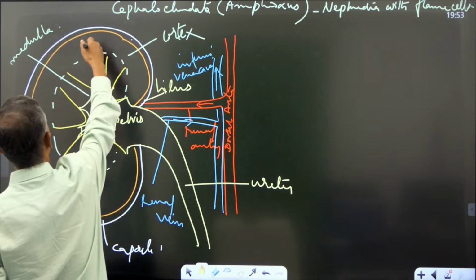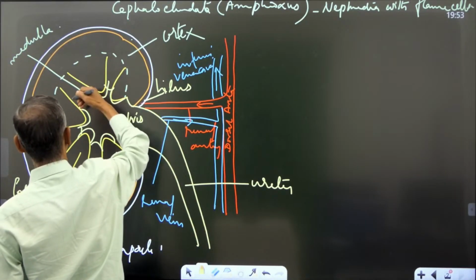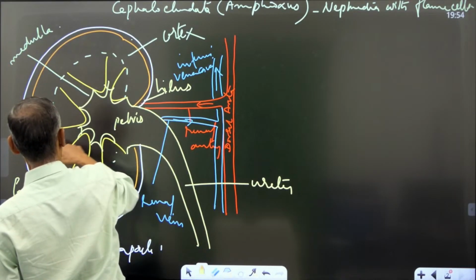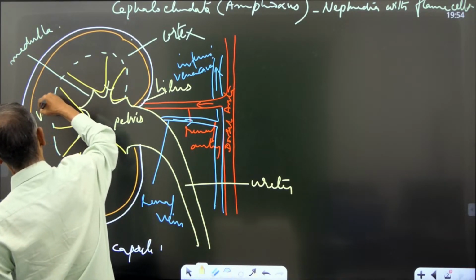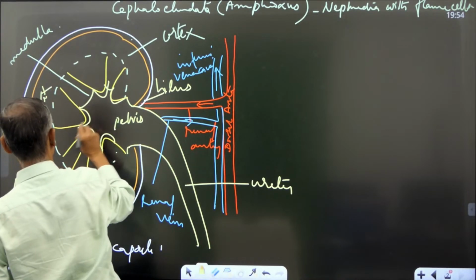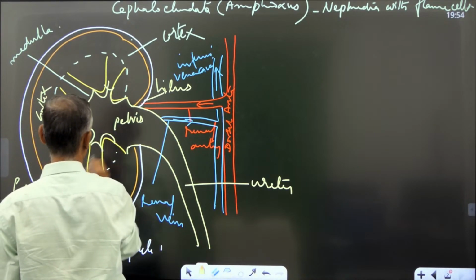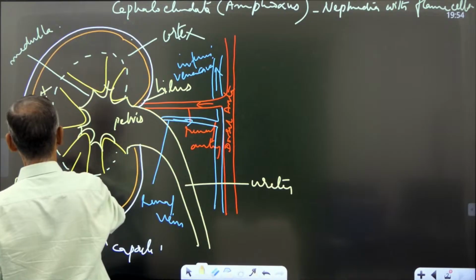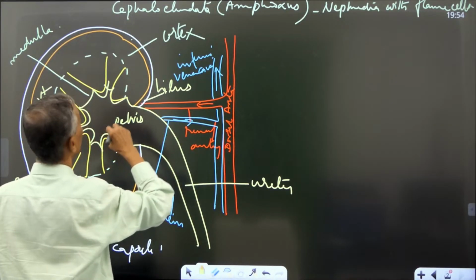And in between the pyramids, the cortex is extending. This is the cortex. This cortex is extending, growing in between two pyramids.